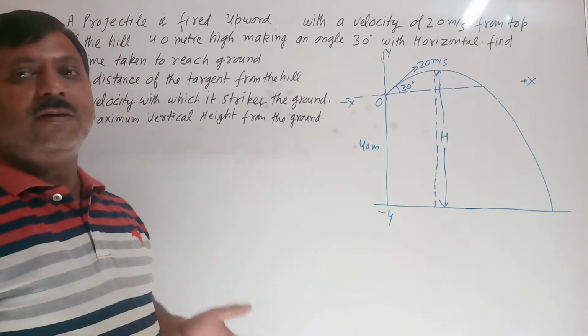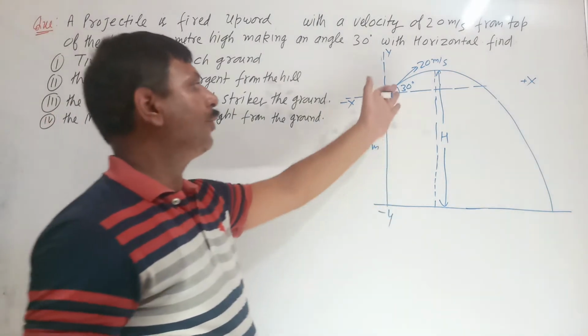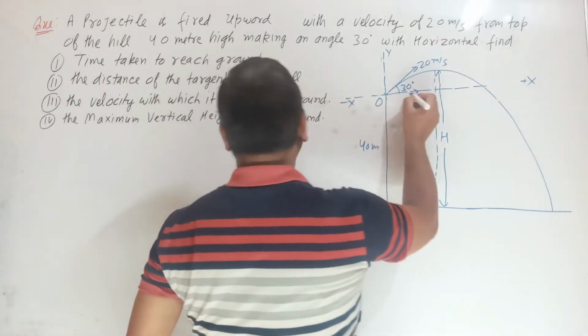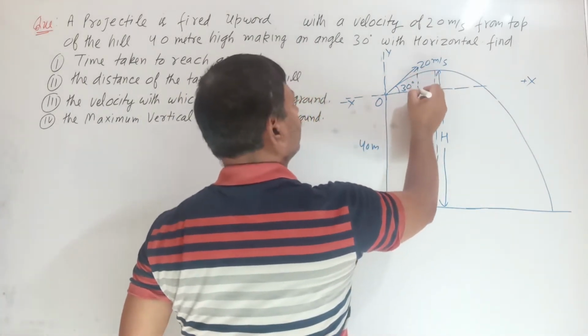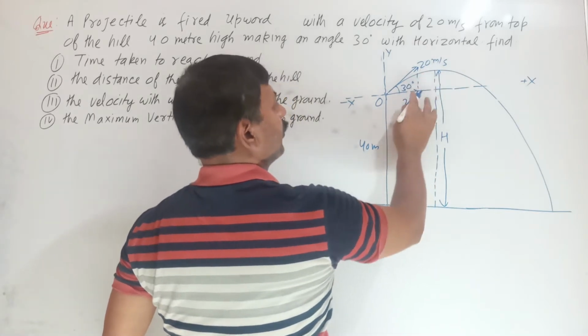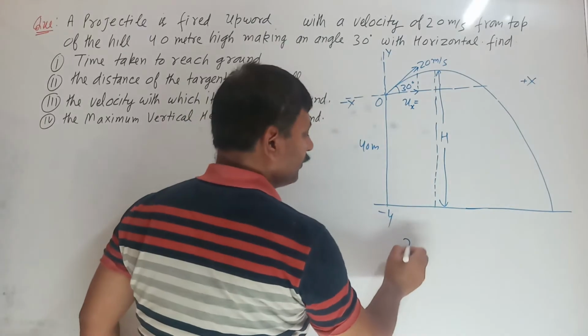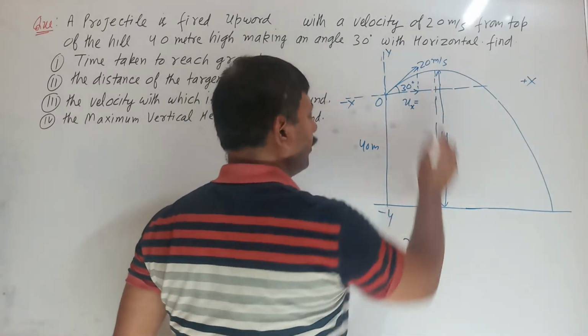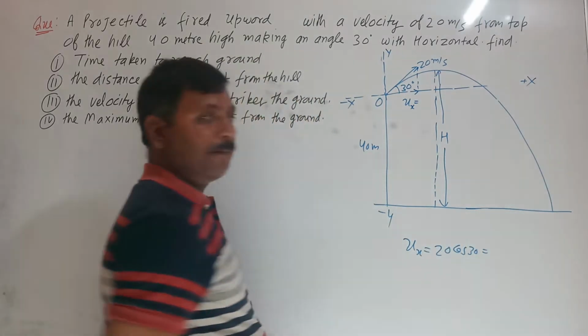We know for horizontal motion, the initial velocity is u cos theta. What will be the component of this? This is u cos theta. So ux is equal to the initial velocity, ux is equal to 20 cos 30.